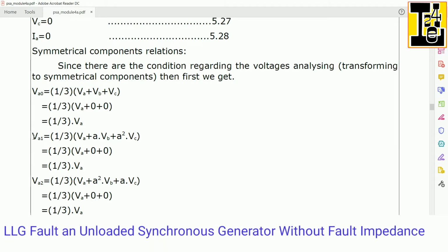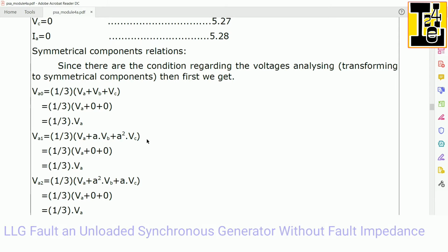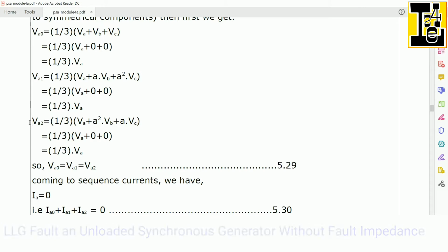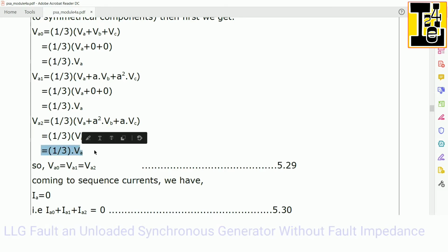We have a standard equation for VA1 in terms of the phase voltages, that is 1 by 3 into bracket VA plus A VB plus A square VC. Substituting the values VB is equal to 0 and VC is equal to 0, we get VA1 is equal to 1 by 3 into VA. Further, we have an expression for VA2 as 1 by 3 into bracket VA plus A square VB plus A VC. Substituting VB and VC as 0, we get VA2 is equal to 1 by 3 into VA.